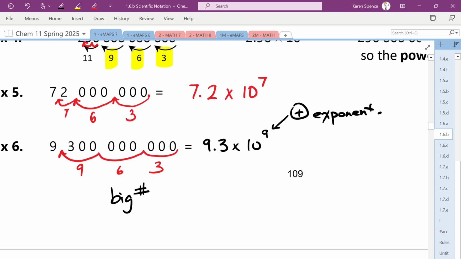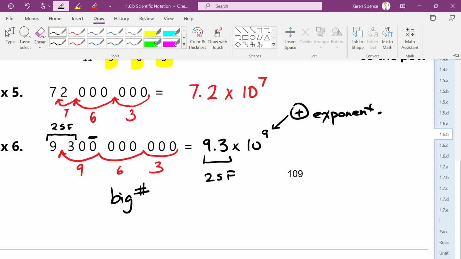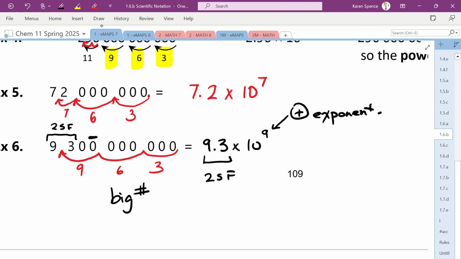And you do have to keep the number of significant figures consistent when you're changing into scientific notation. So this number here has 2 sig figs, and this number here has 2 sig figs. What if I stuck an over bar here? What would that change it to?